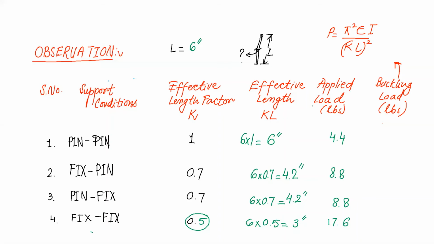The next thing is the buckling load. For the buckling load you have to apply this formula at every step, and put the value of the K factor in it. You also take the modulus of elasticity and the moment of inertia. Let me tell you how to take the moment of inertia.